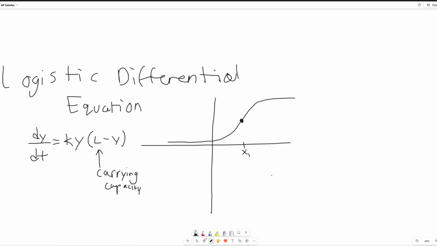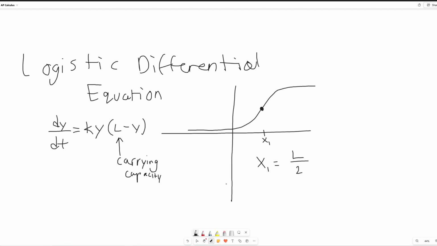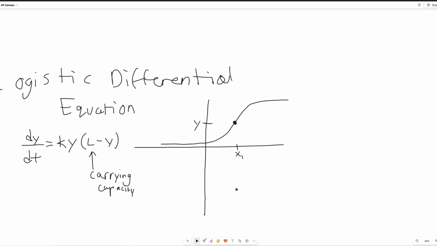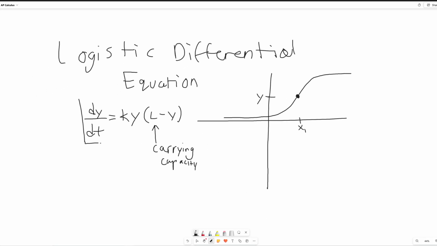Well, it is easier than you might think. This x value is just half of L, or the y value is just half of L, not the x value. So the x value, you won't ever need to know, because if it asks you the slope when it is increasing at its maximum, you already have your slope.